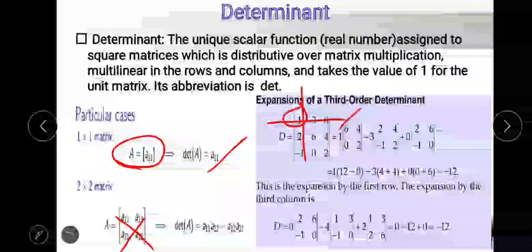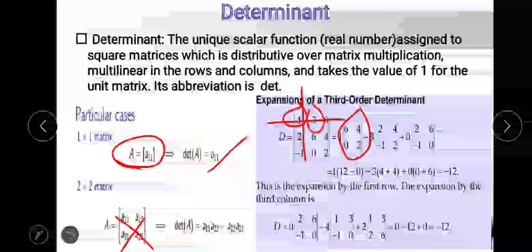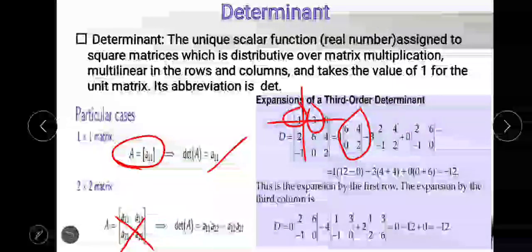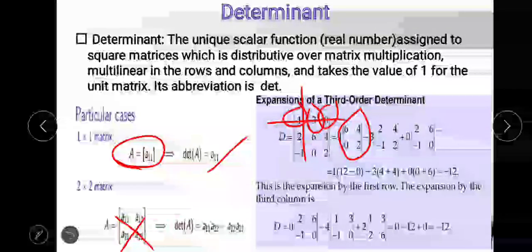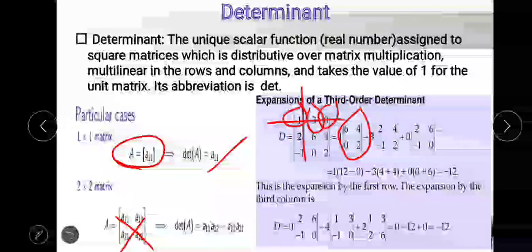So this is called the minor of element 1. Similarly, minus the next element, which is 3, into its minor. Then plus the next element in the same row into its minor. That gives the determinant after simplification.